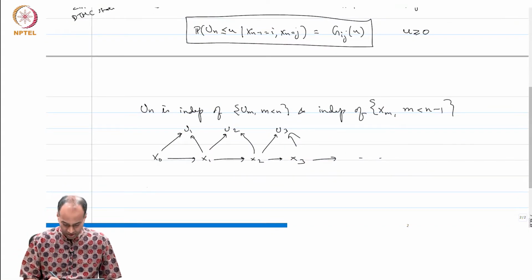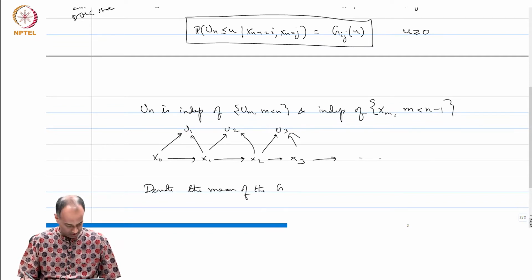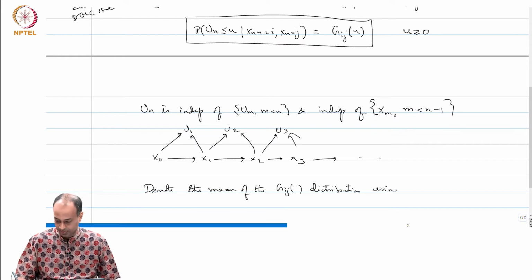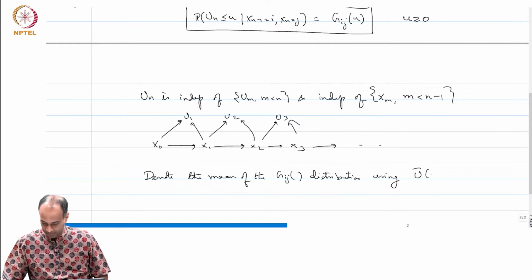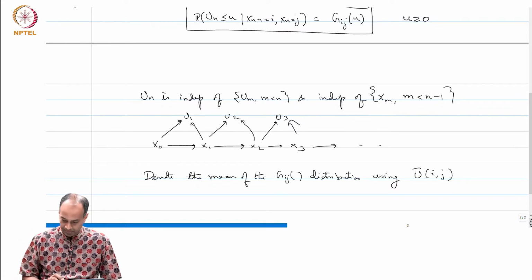So we will denote the mean of the Gij distribution using U bar ij, all right.